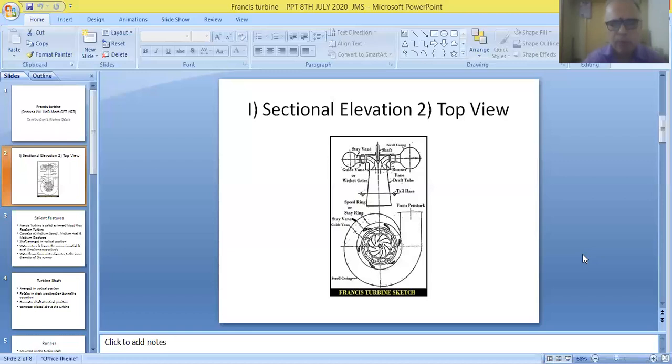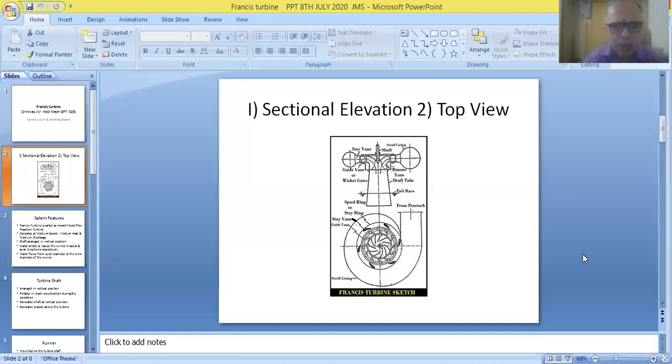So therefore, we have to make necessary arrangements for removing the negative pressure of the liquid. So that's why a draft tube is fitted below the runner for removing the negative pressure of the liquid.